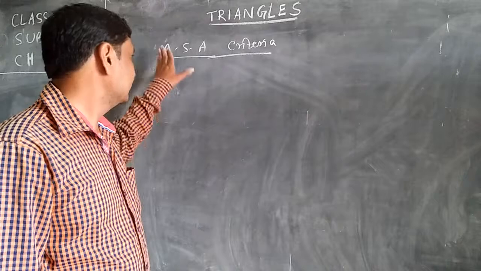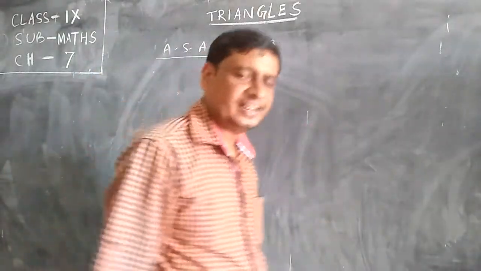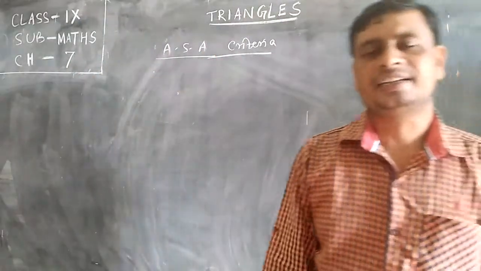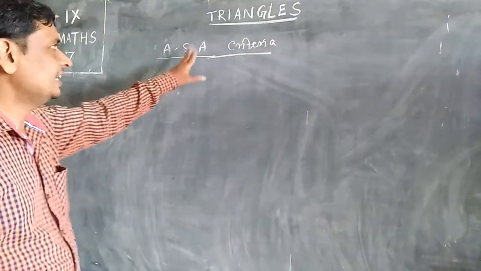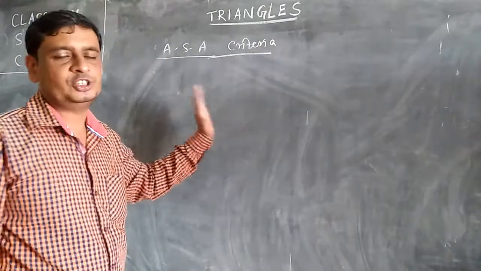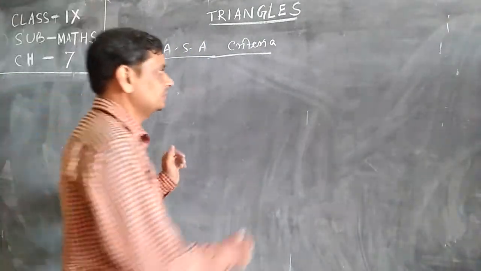Here, another criterion is ASA, that is the angle side angle criterion. Why is this angle side angle criterion valid to make two triangles congruent?